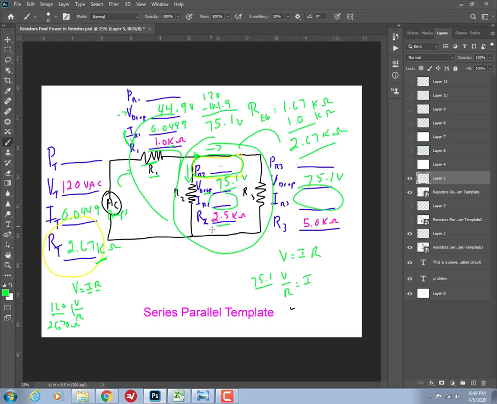We're going to divide that by R, which is 2,500 ohms. 75.1 divided by 2500 is 0.03 amps.